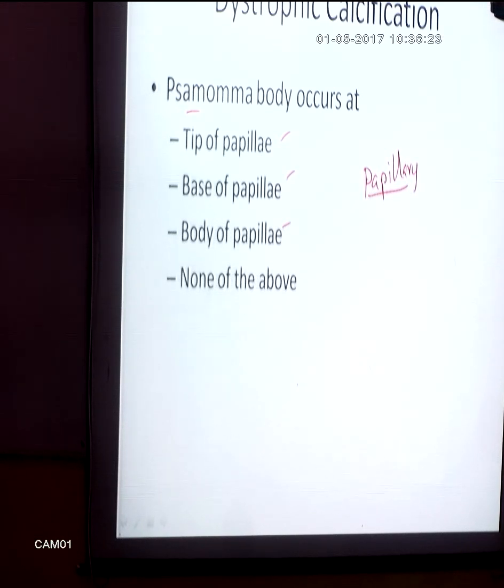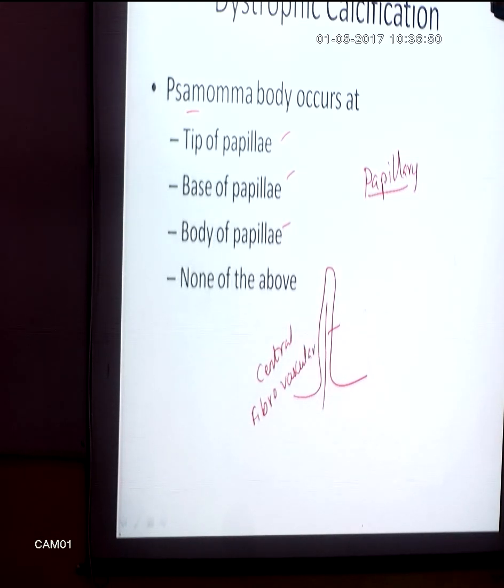So what's a papilla? Papilla is nothing but a finger-like projection. We all know the answer of this. It's very easy, but the thought process will not work at the time of exams. So it's a finger-like projection with a central fibrovascular core.